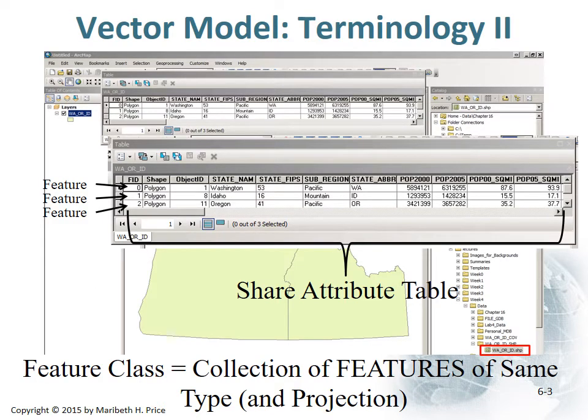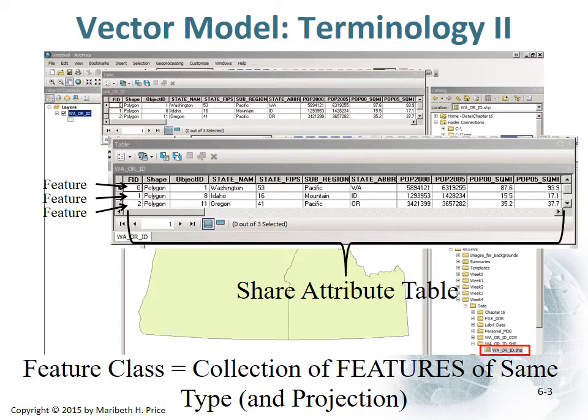Within a geodatabase, an individual data set that's in the vector data model is known as a feature class, and the individual features are the rows in a table, and the attributes are the columns in a table.